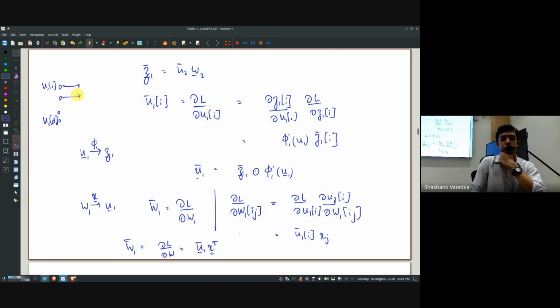And on each element you apply phi1 to get Z1 1 up to Z1 D. The ith index of Z1 depends only on the ith index of U1. Phi1 is applied element wise, so on each coordinate you apply phi1.